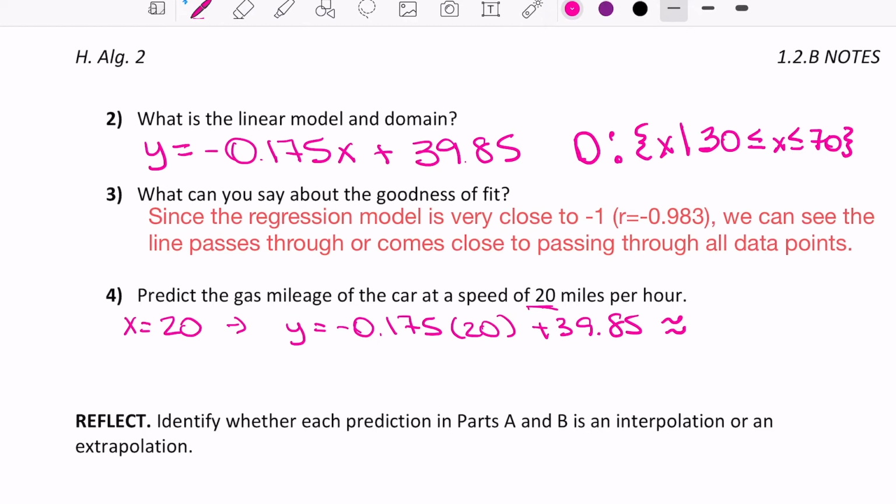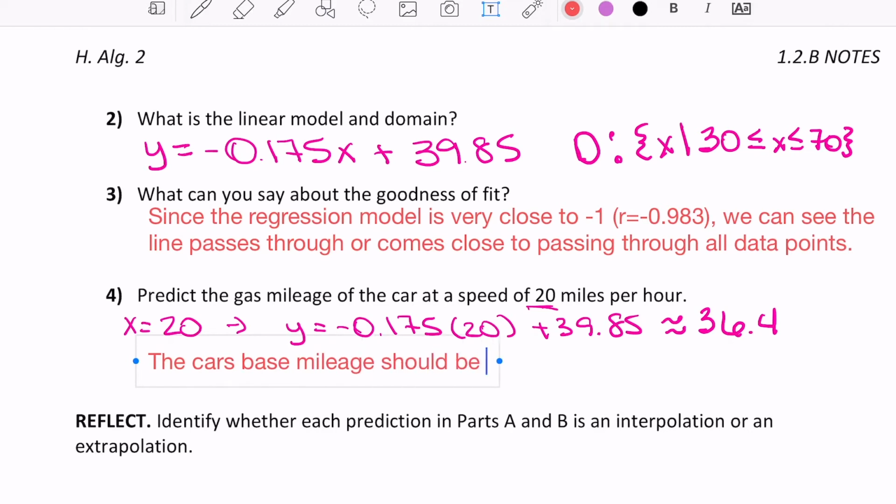And you should have a value of about 36.4. Okay, so what this model is telling me, my prediction, is that the car's gas mileage should be about 36.4 miles per gallon at a speed of 20 miles per hour.